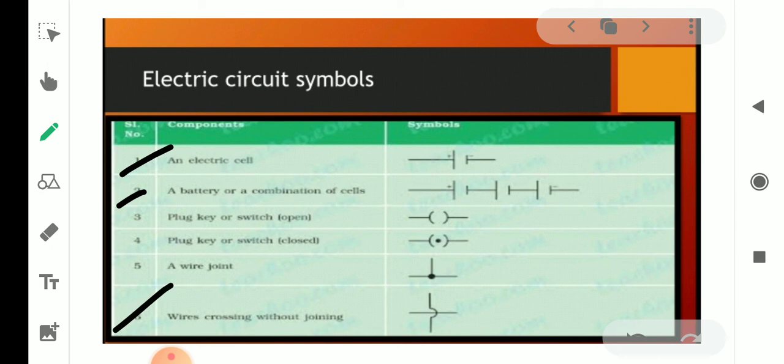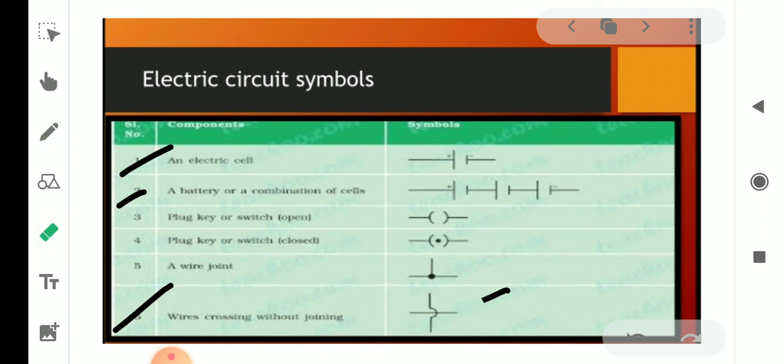Next, the sixth component you can see is wire crossing without joining. In this case there is one vertical wire and the other is a horizontal wire. So your vertical wire is crossing over the horizontal wire. This symbol shows that there is no connection between these two wires. Here you can see there is no connection. Okay, so it is not connected.